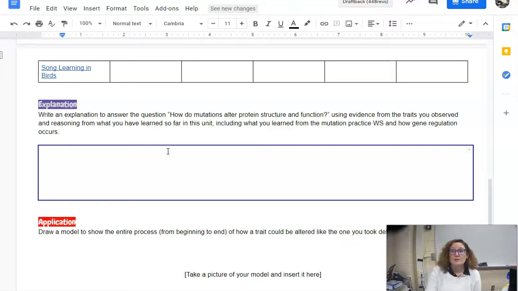You answer that and think about the gene regulation piece that we talked about with the paper clips going on and off of genes. You can talk about translation changes, the silent mutations, missense mutations, those kinds of things, thinking about what kinds of mutations you've seen with each of those things happening.